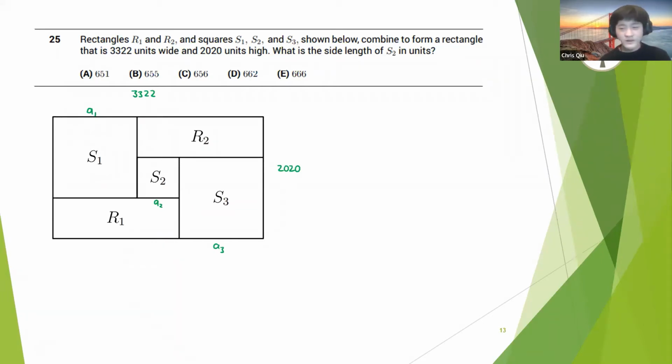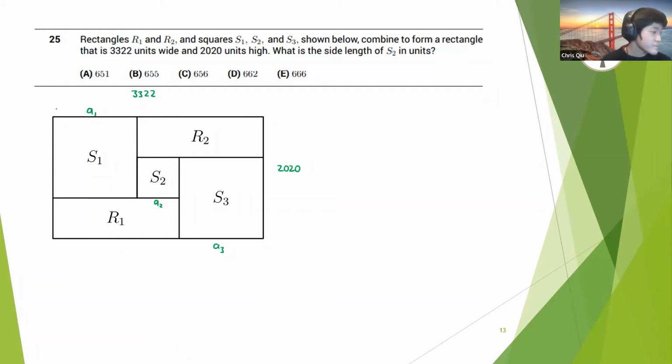And now we want to make some equations. So first, how can we use this condition? All right, so the way we can use this condition is by writing this number as the sum of some lengths.